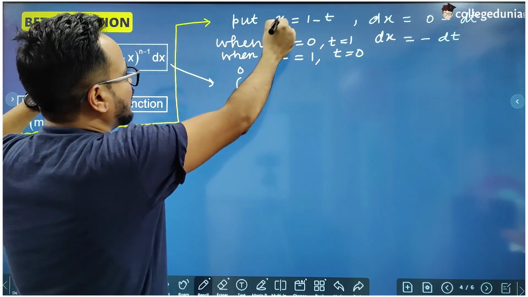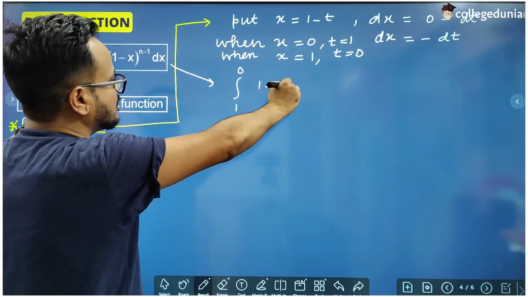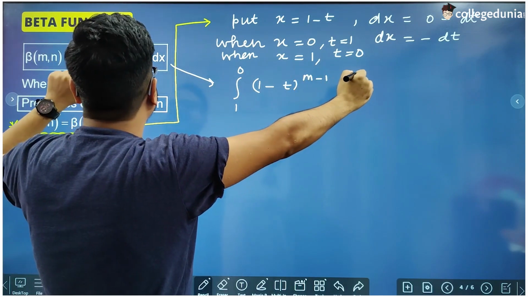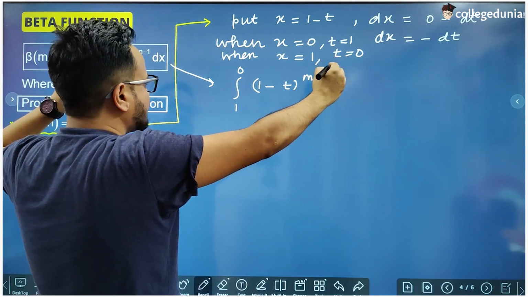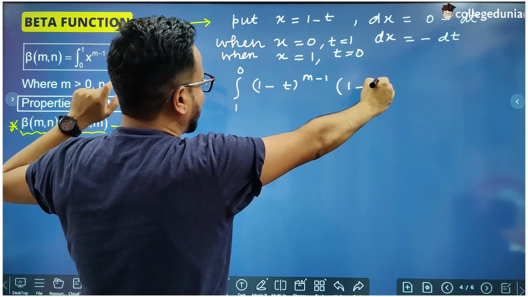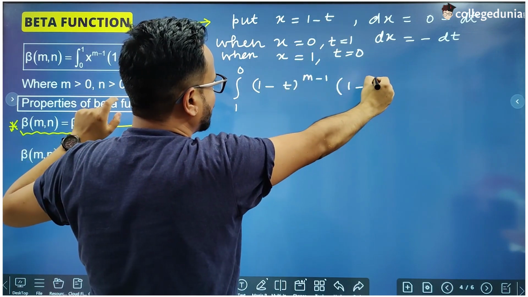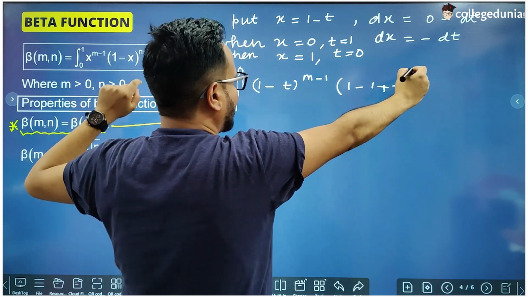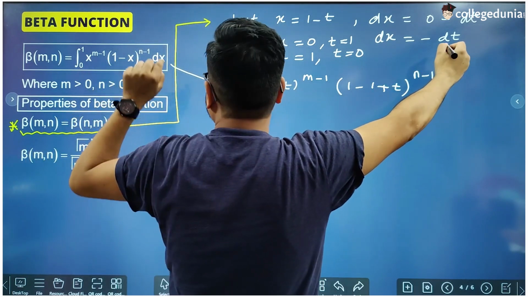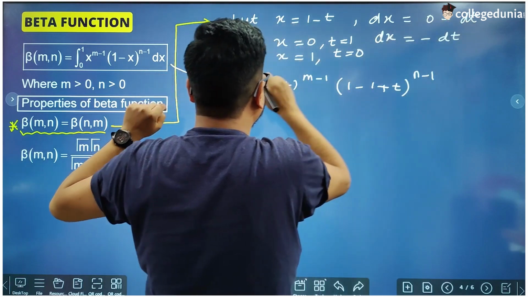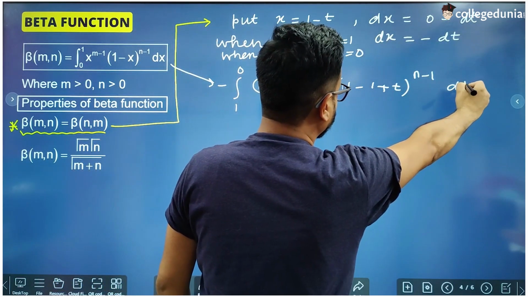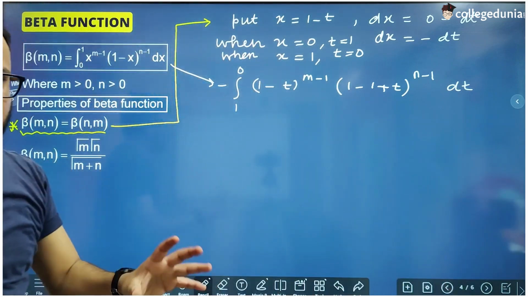In place of x we will put 1 minus t, to the power m minus 1, and in place of 1 minus x we are again going to put this, open the bracket, and it becomes this, to the power n minus 1, and in place of dx we are going to put minus dt, right?